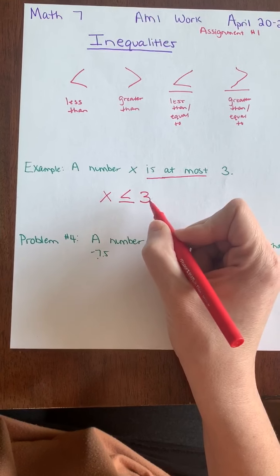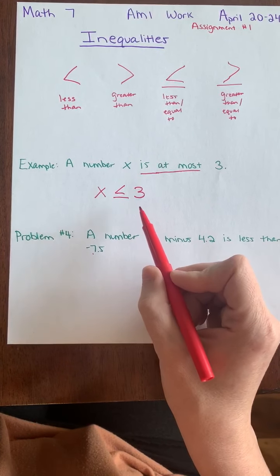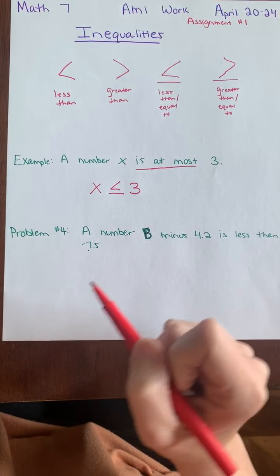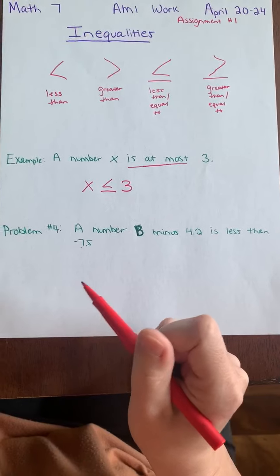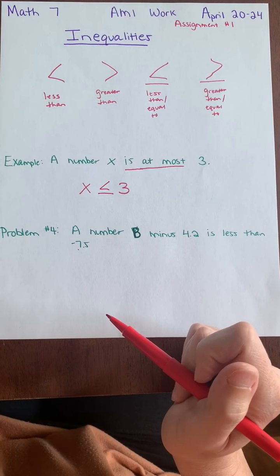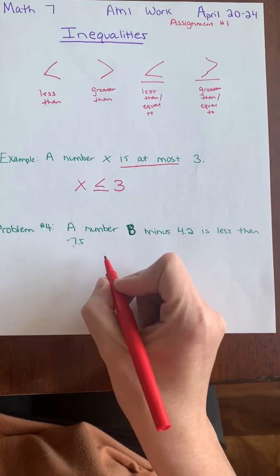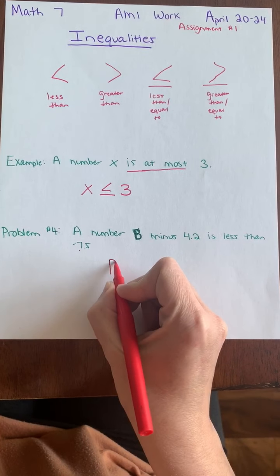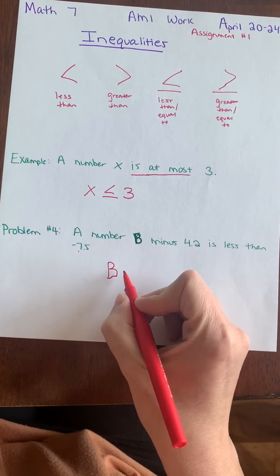It's at most 3. So the first part of your assignment is just to write these inequality statements. If you look at number 4 on your worksheet, skipping around a little bit, a number b minus 4.2 is less than negative 7.5. We start with our variable b, minus, we have a subtraction problem.